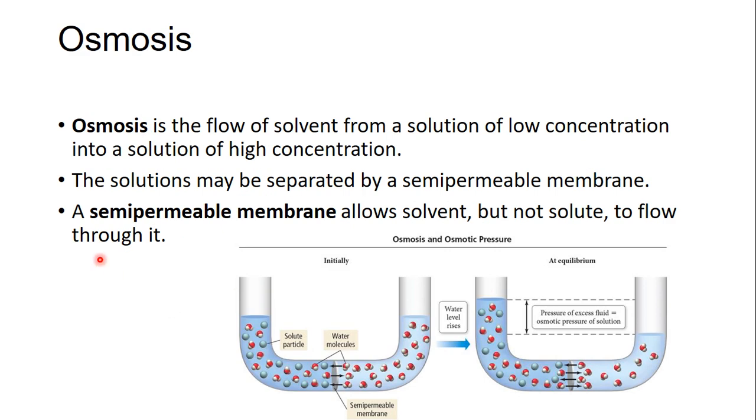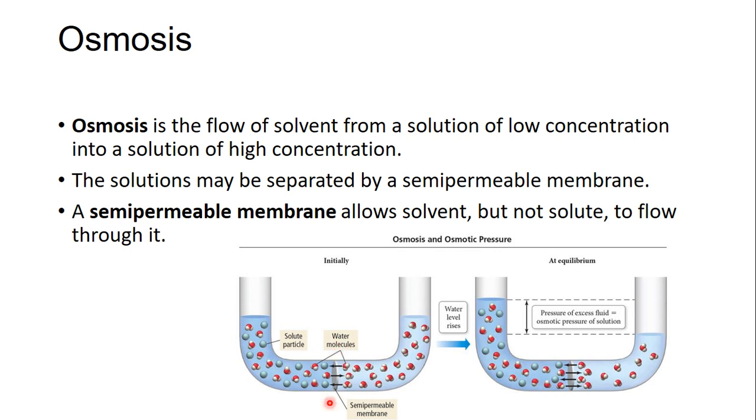The next colligative property we're going to look at is osmotic pressure. To talk about that, we first need to talk about osmosis. Osmosis is the movement of a solvent from low solute concentration to high solute concentration. Here we have two solutions. One is salt water and one is pure water.